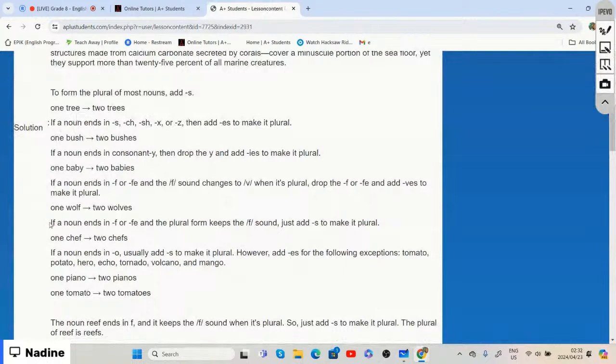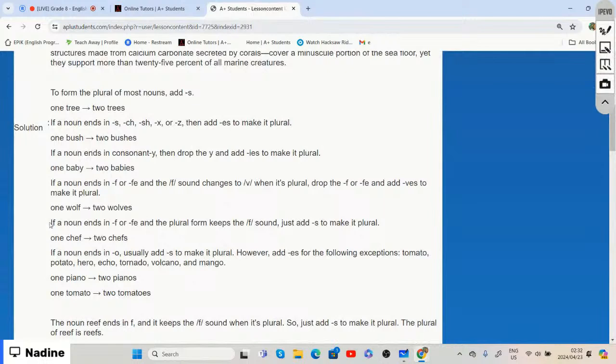Bench, benches, we add an es. Box, boxes, we add an es. Chair, chairs, we add an s. So most of the time we basically add an s or es to make it plural, or we can add ies to also make it plural.